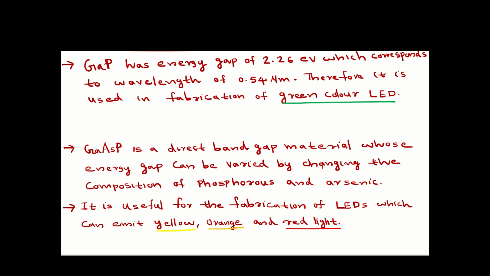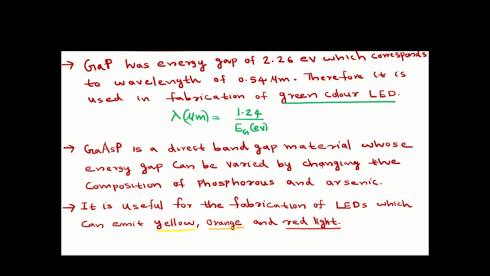Already I have derived one expression for wavelength lambda in micrometer is equal to 1.24 divided by energy band gap Eg in electron volt. When you substitute the value of 2.26 electron volt in this equation, you will get a wavelength of 0.54 micrometer.